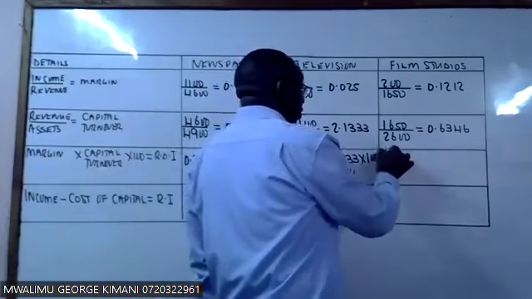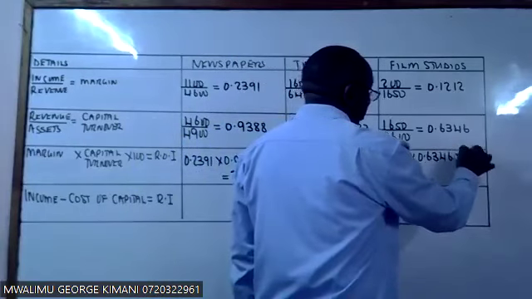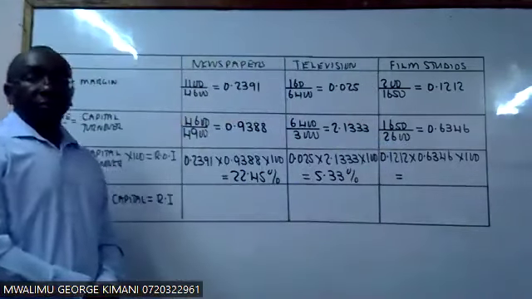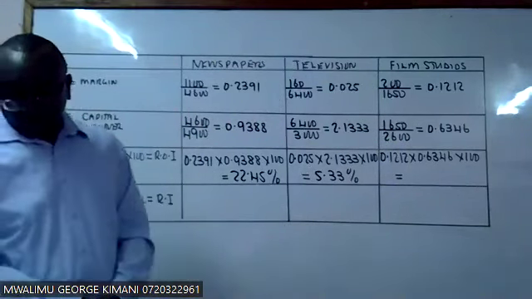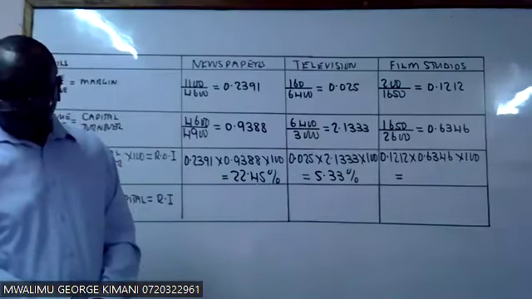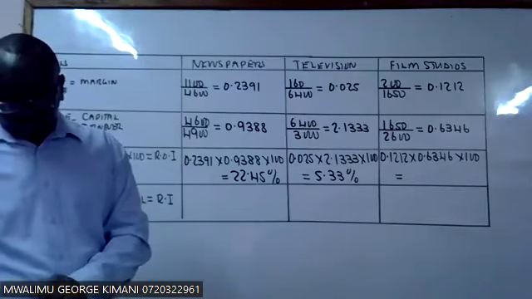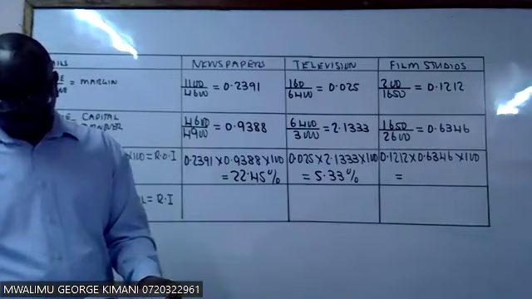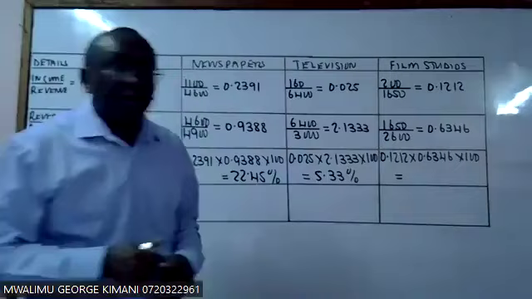Then 0.1212 times 0.6346 times 100. 7.69%.